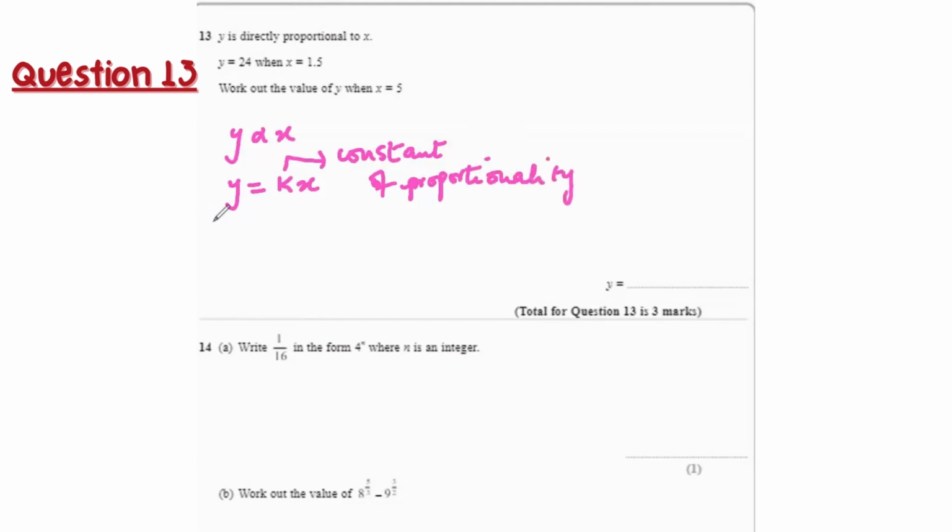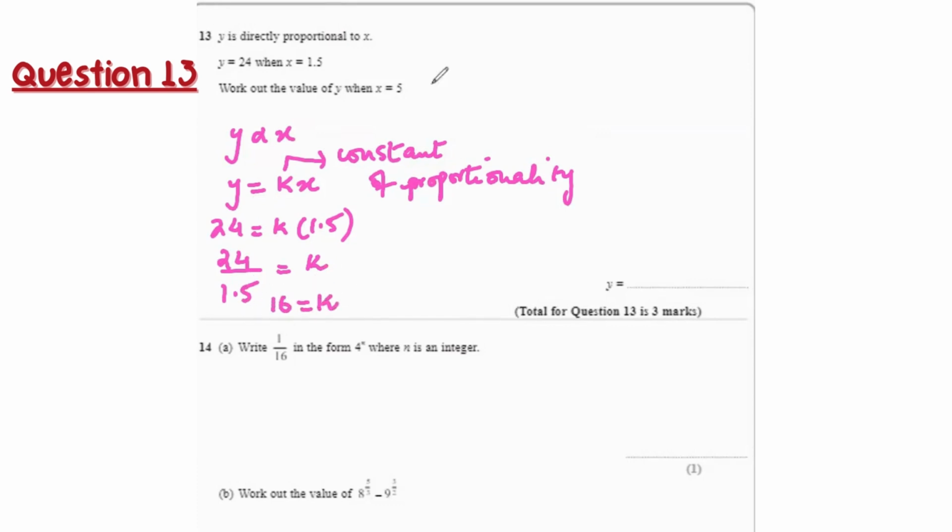So we will do 24 equals k times 1.5. 24 divided by 1.5 equals k, which will give us 16.